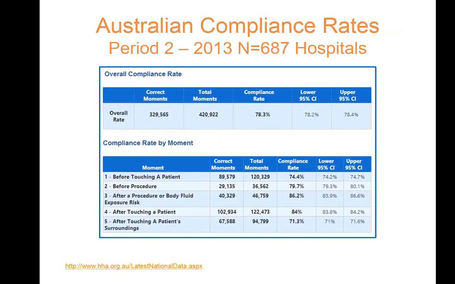They are the highest levels of compliance across the moments, which suggests that healthcare workers actually care more about protecting themselves than they do protecting their patients in terms of hand hygiene activity. Because the other 2 moments, which are before touching a patient or before performing a procedure, are compliances as low as 74% or just around 80%.